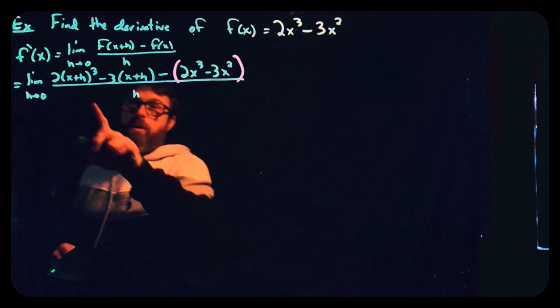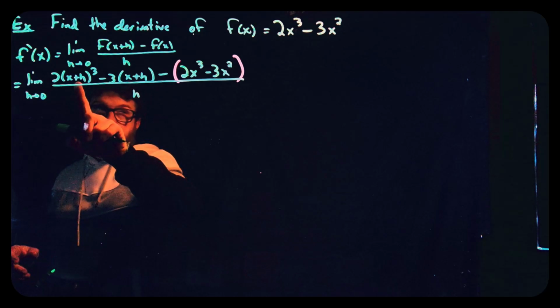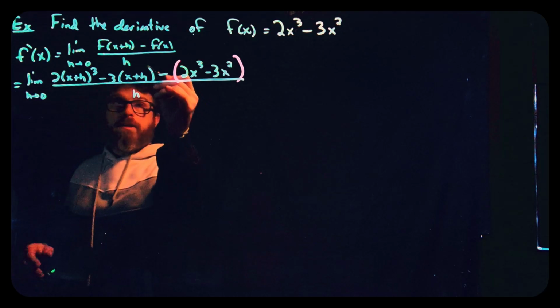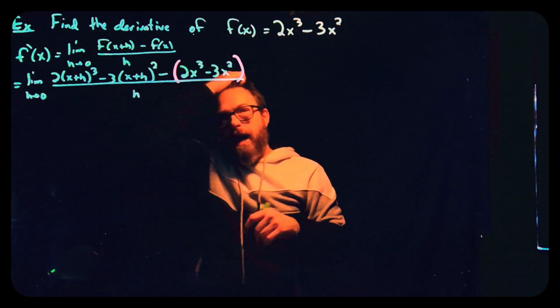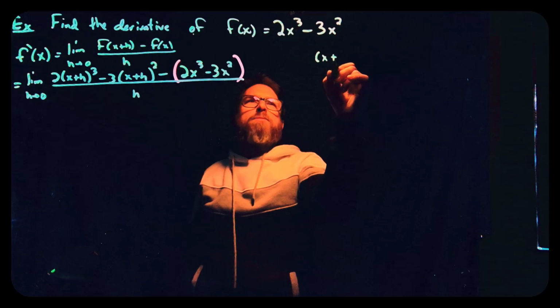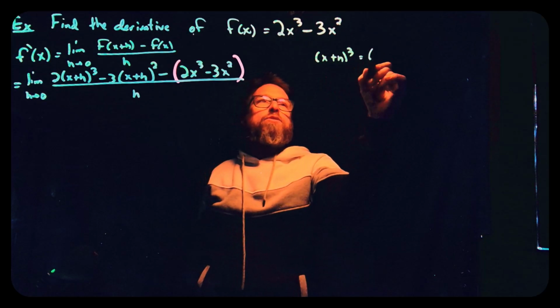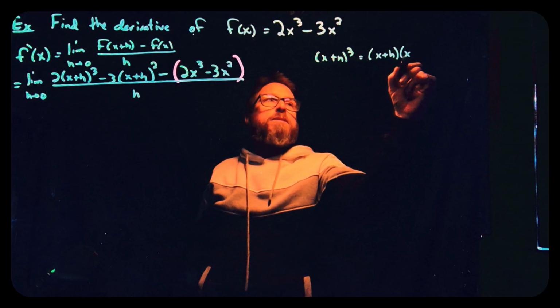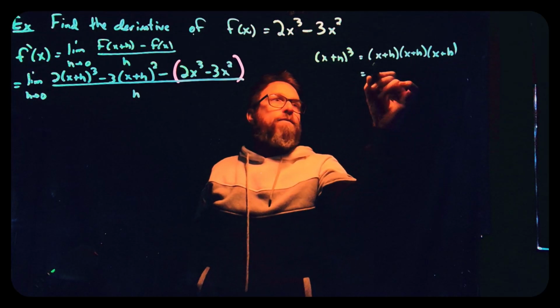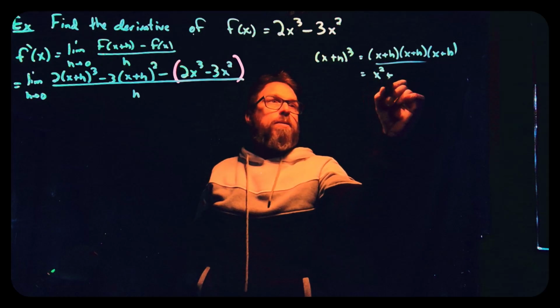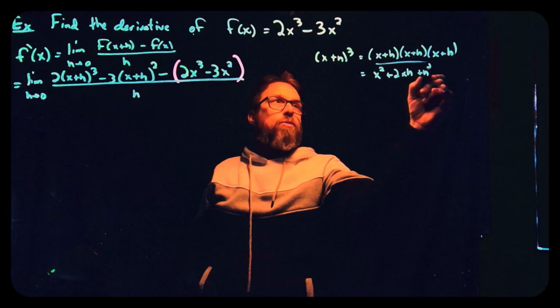Now we're going to have to simplify this x plus h cubed. Oh, and this needs to be a squared. We're also going to have to simplify this x plus h squared. And maybe we'll do some work over here. So x plus h cubed is going to be equal to x plus h times x plus h times x plus h. So we know when I FOIL this binomial, it's x squared plus 2xh plus h squared.